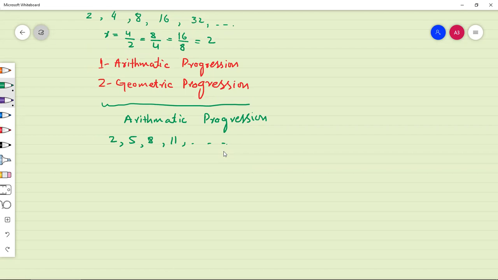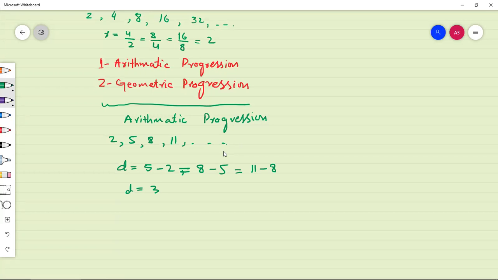Then my answer is, if the difference between two consecutive terms is the same, then that progression is called arithmetic progression. For example, if you find 5 minus 2, then 8 minus 5, then 11 minus 8, all the answers are just 3. The common difference is 3 between all the terms. So this is called arithmetic progression or arithmetic sequence.